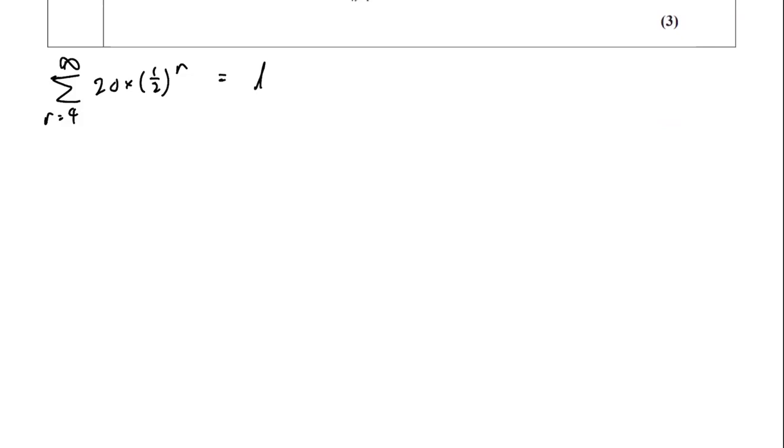This is really just taking the limit as n goes to infinity of a summation from R equals 4 to n of 20 times half power R. But now that you have a factor in front, what can you do with it? You can actually factor it out of the summation.